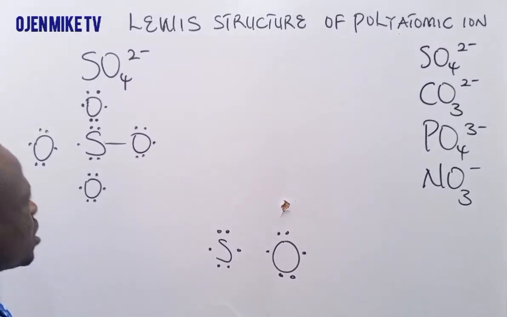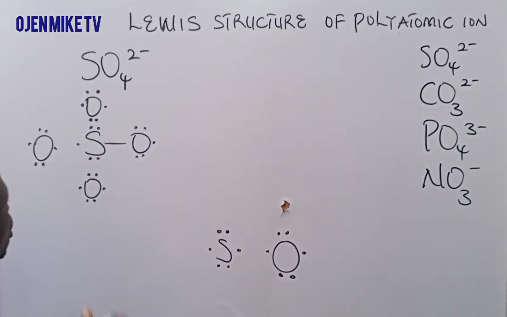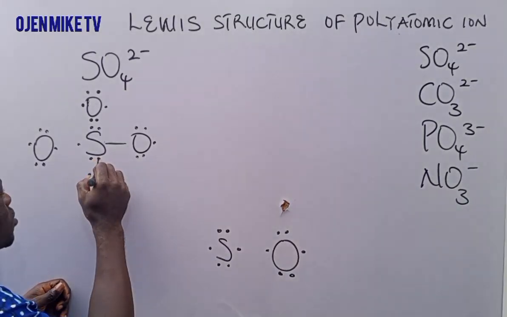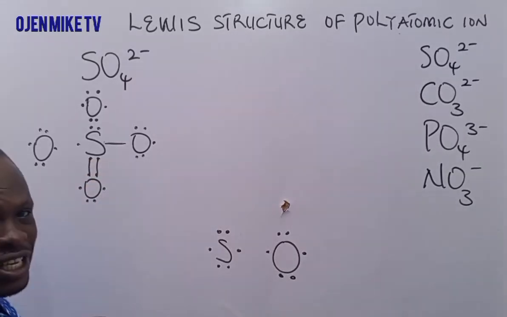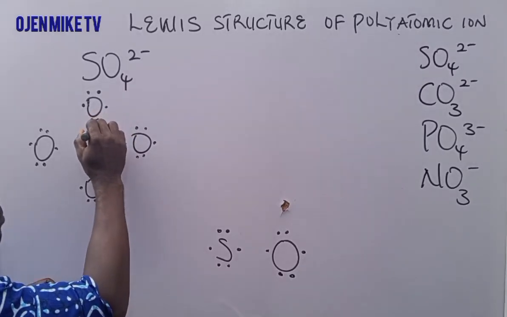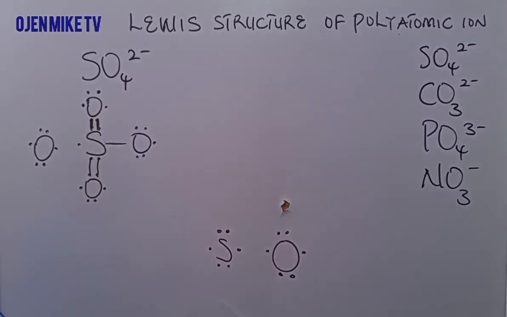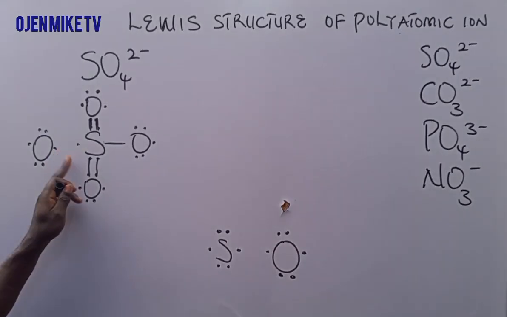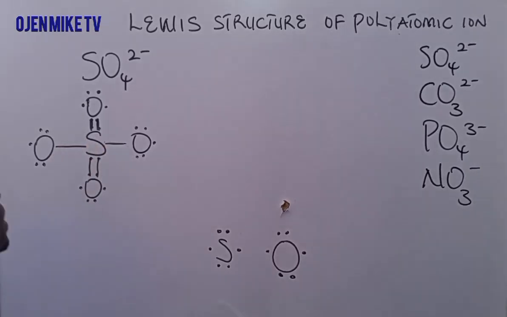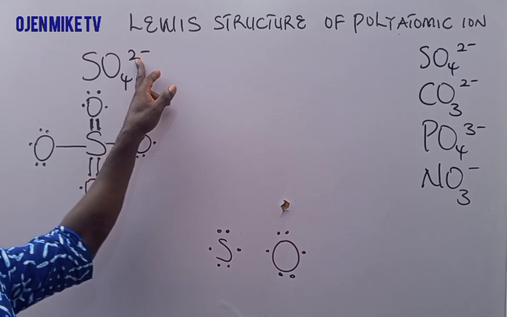This one that has 2 will pair to form a double bond. Now this one that has 2 here will also pair to form a double bond. Have you seen? This one will pair with this one to form a single bond. Now there are 2 electrons.